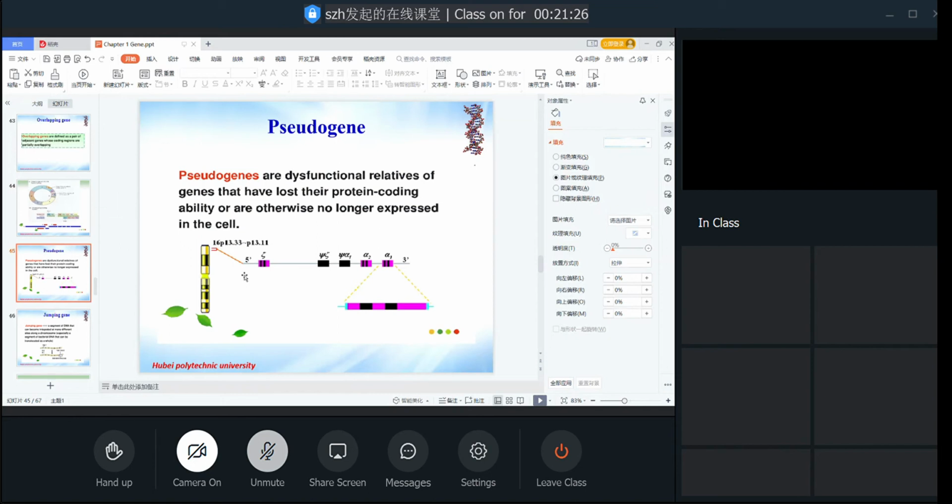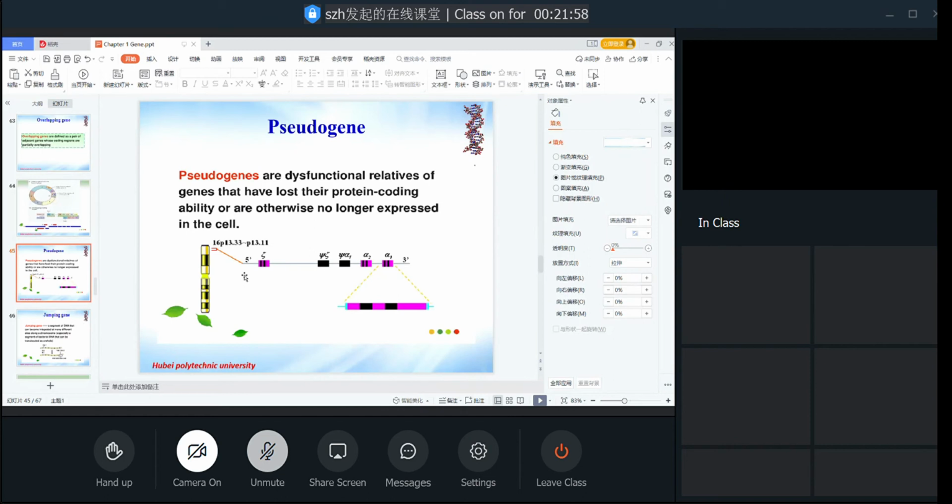Why like this? Because later the structural genes lose activity and are no longer expressed in the cell. Maybe these genes are modified, for example by methylation, which makes the sequence lose its function and never be expressed again.